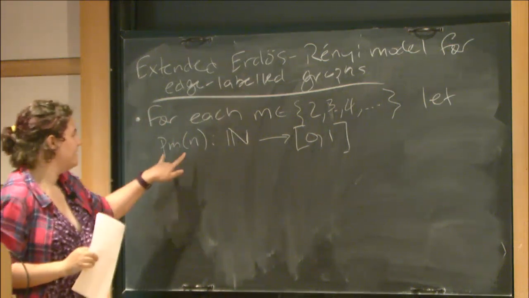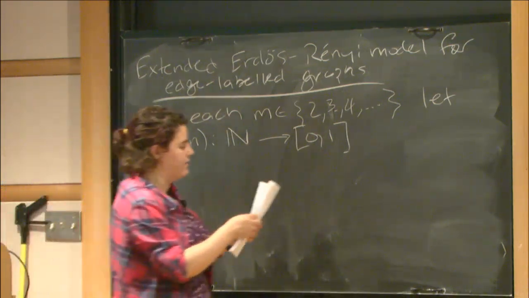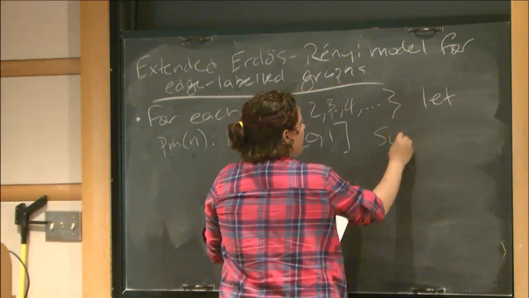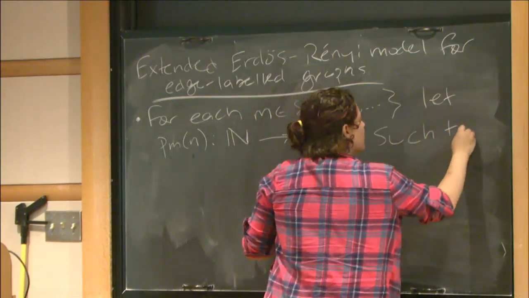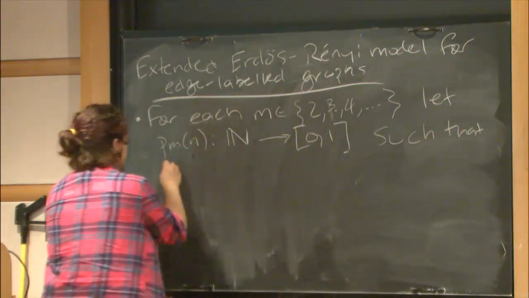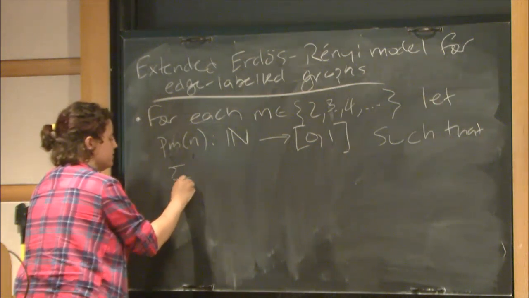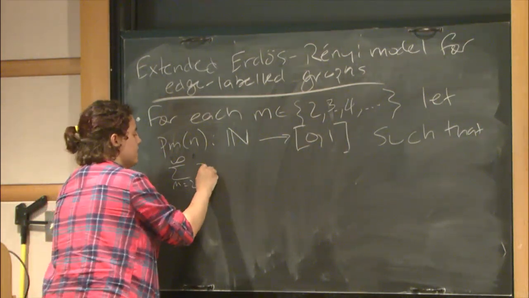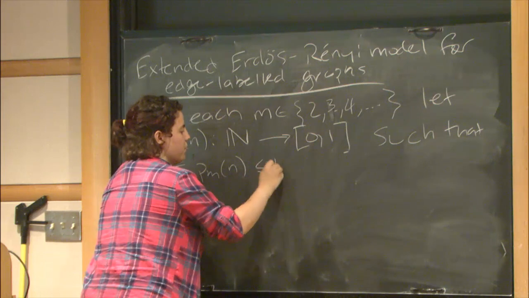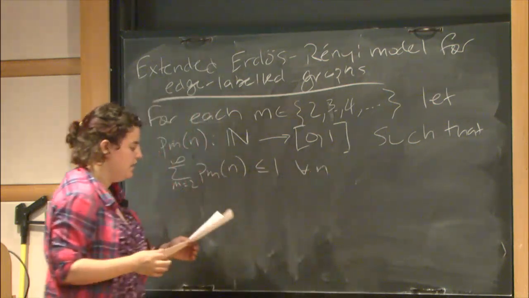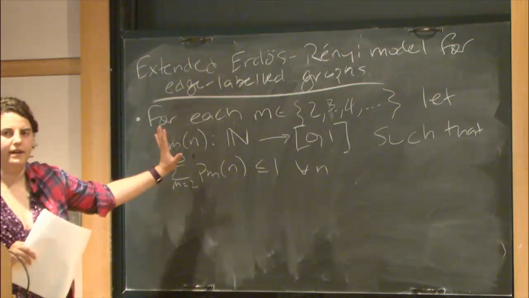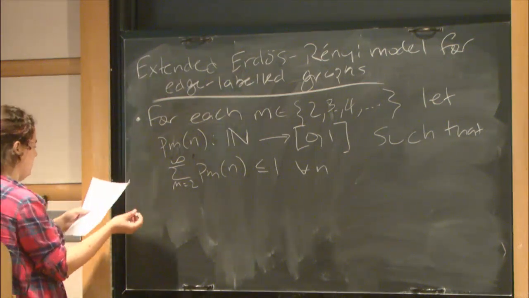And so we can't just pick any old probability function this time. We have to make sure that they add up to at most 1. So the sum from m equals 2 to infinity of p sub m of n has to be less than or equal to 1 for every n. And that's just because we're only, well, let me write down.